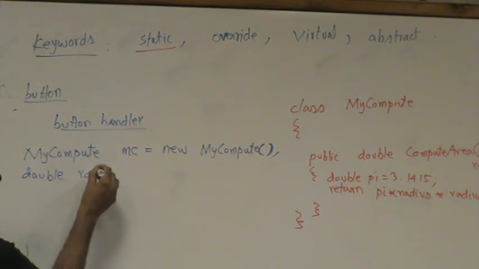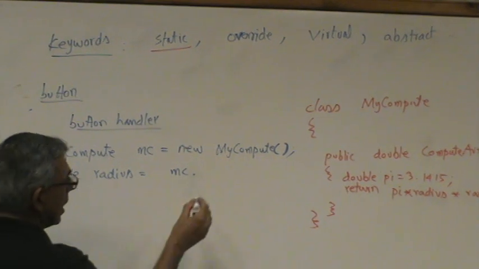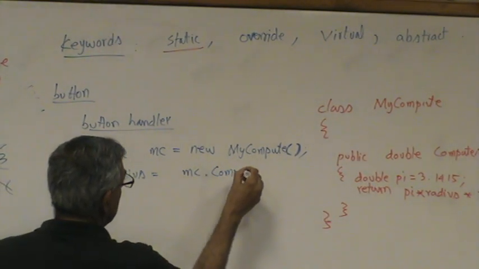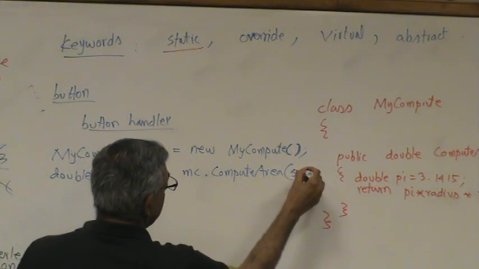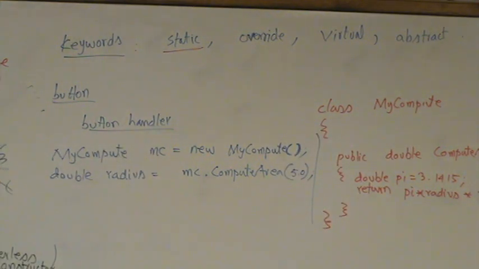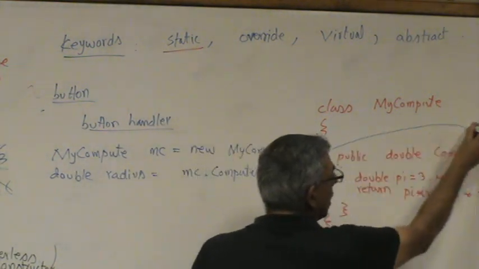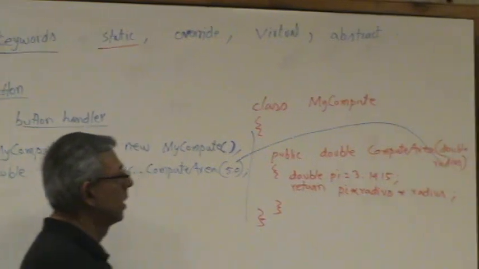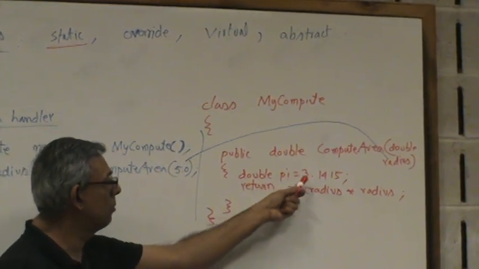MC.ComputeArea, double radius equal to MC dot ComputeArea, and let's say 5. Right? So now at this point in time, what will the computer do? This 5 will become the radius, correct? It will start executing this code, 3.14.